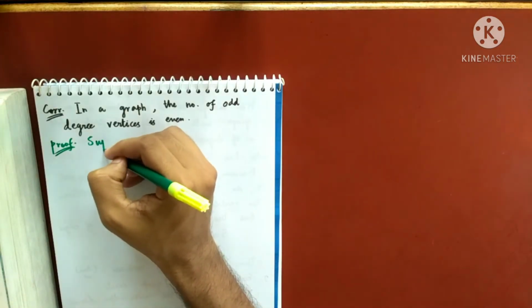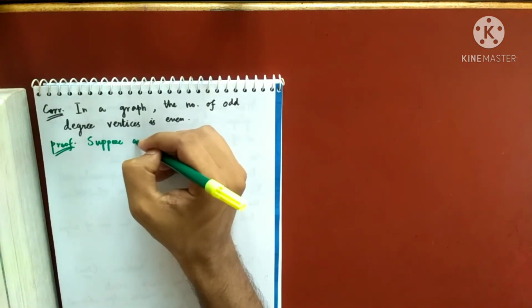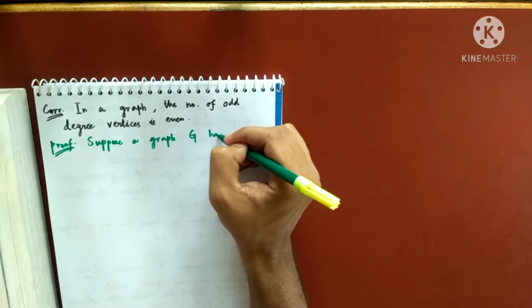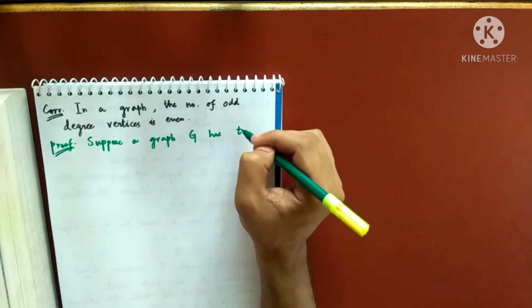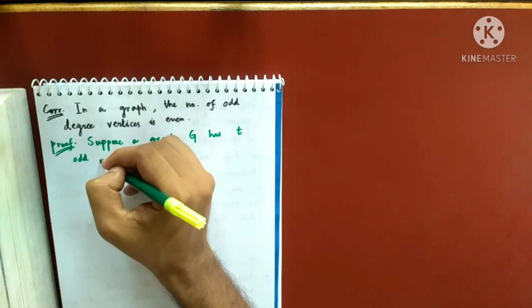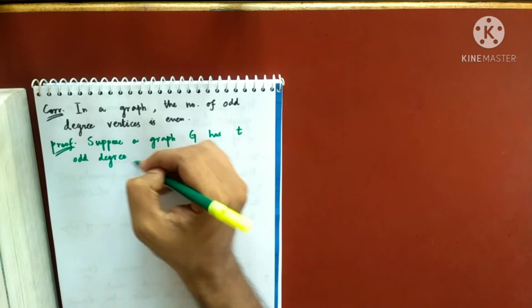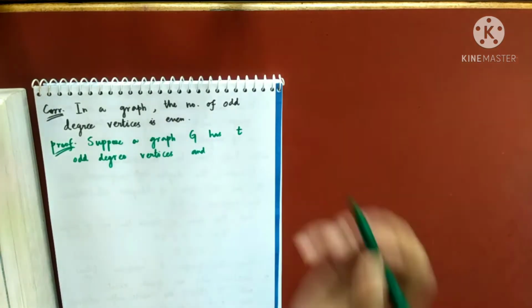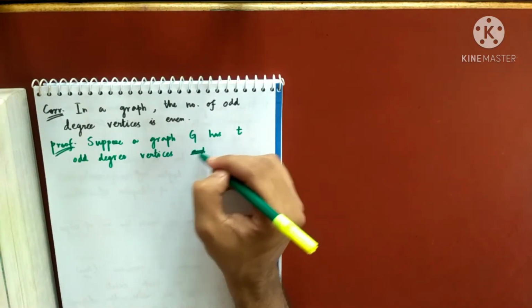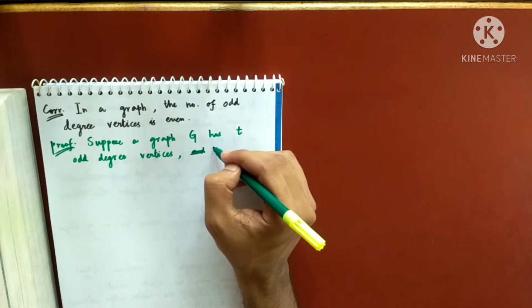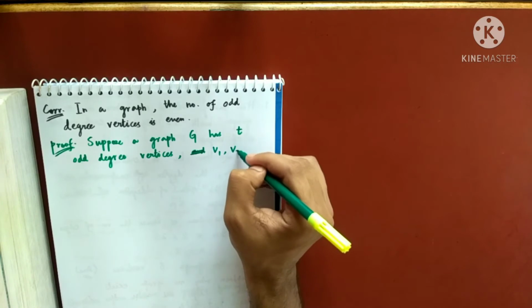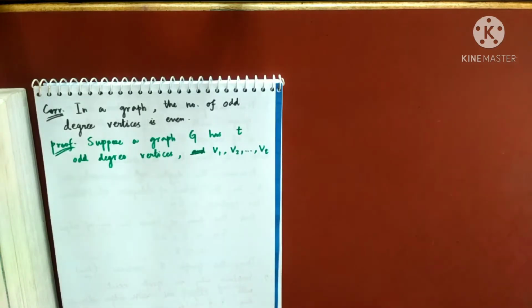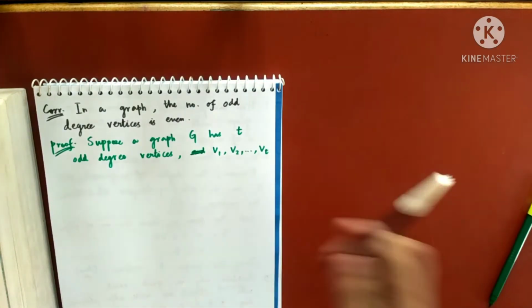Suppose a graph G has t odd degree vertices, and I'll name those vertices V1, V2, Vt. These are the vertices which have odd degrees.